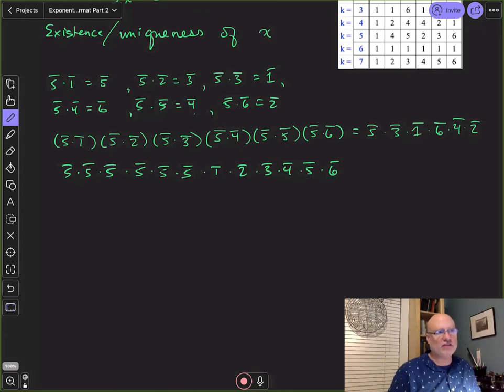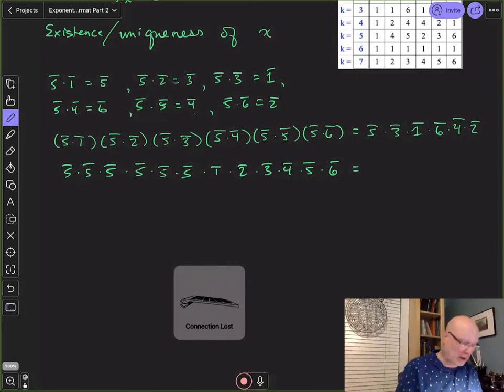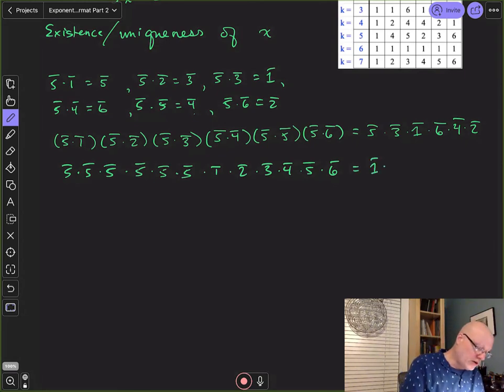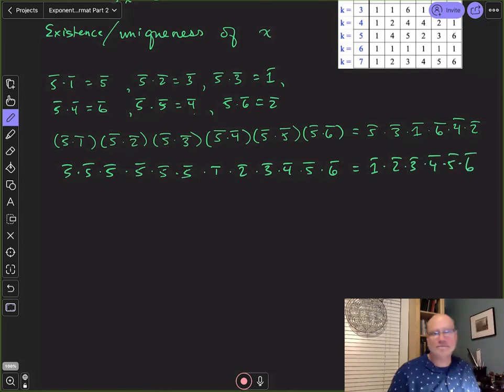Okay? And then just for the sake of argument, I'm going to rearrange the right-hand side as well, because again, commutative property. 1 bar, 2 bar, 3 bar, 4 bar, 5 bar, 6 bar. You might see where I'm going here.